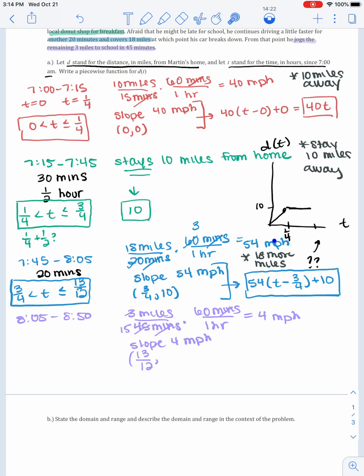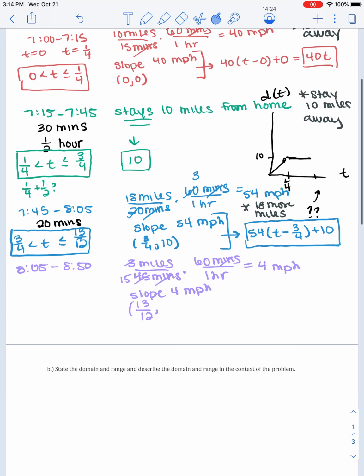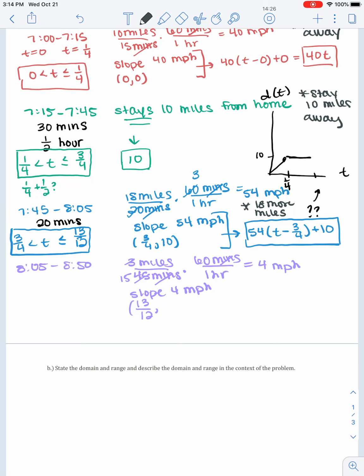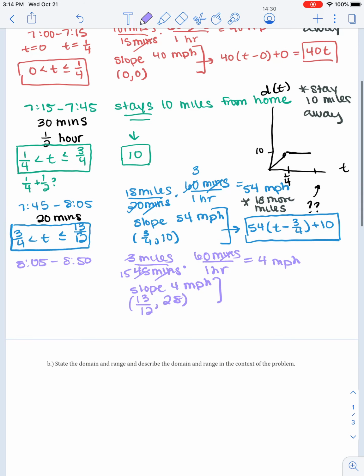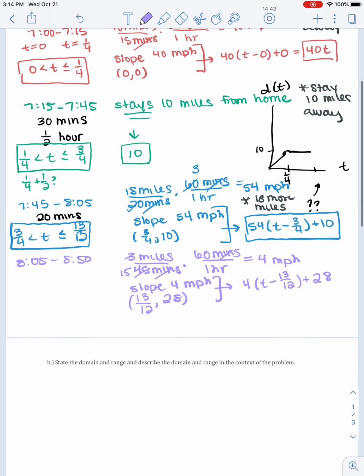So when he's starting the jog portion of his commute, he is actually 28 miles from home. Okay? So we can go ahead and put this into point slope form, a slope of 4, a point 13/12 plus 28. So that would be our last function that's going to build our piecewise function.